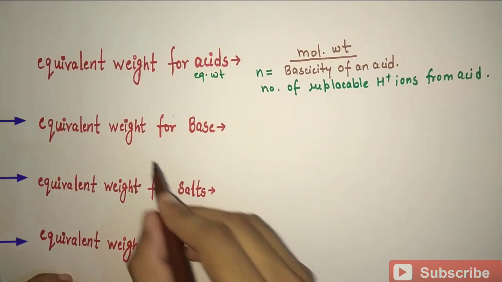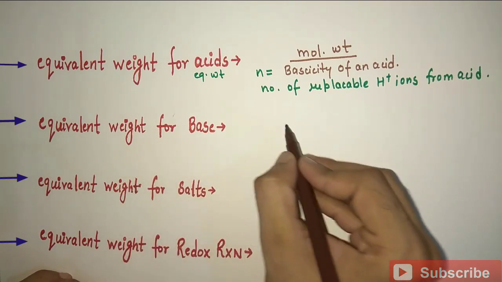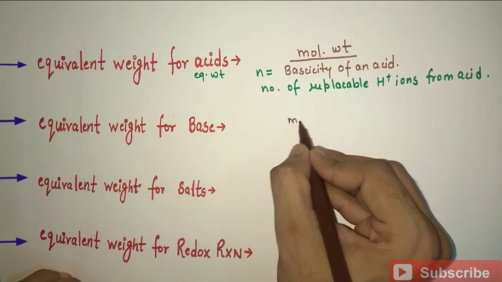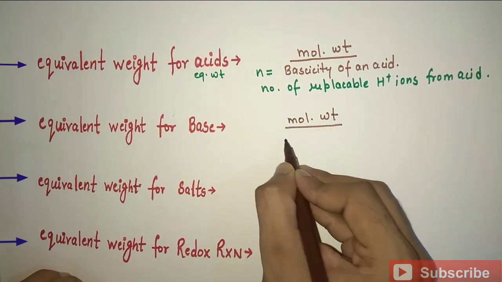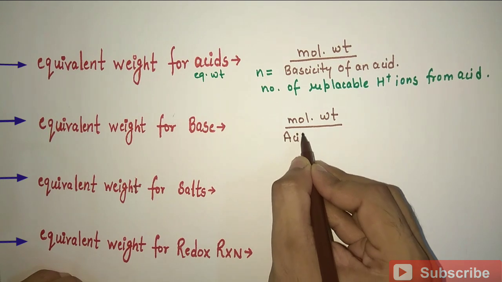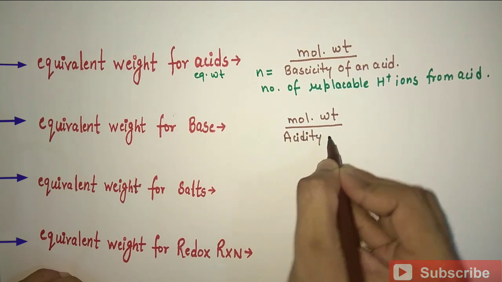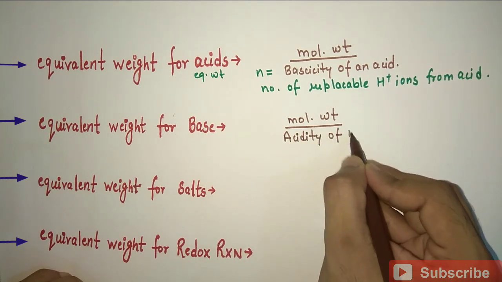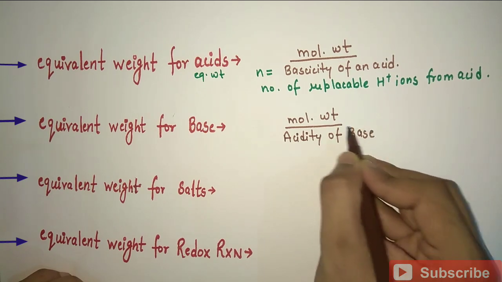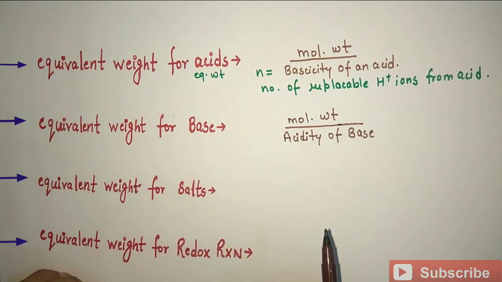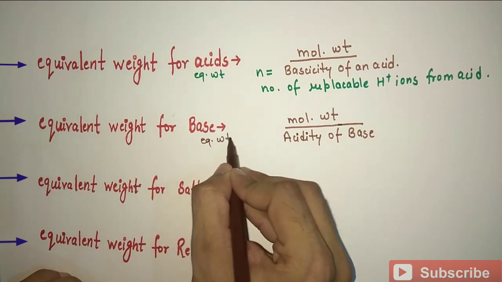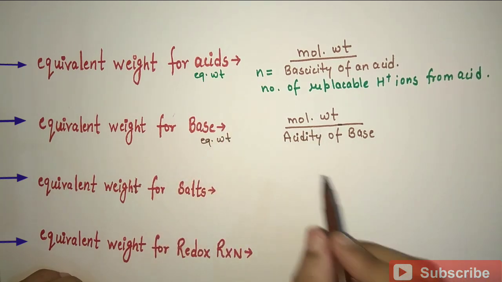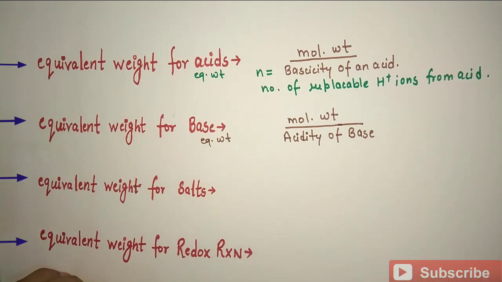Now let's see the equivalent weight for base. The equivalent weight for a base is equal to the molecular weight divided by the acidity of the base.